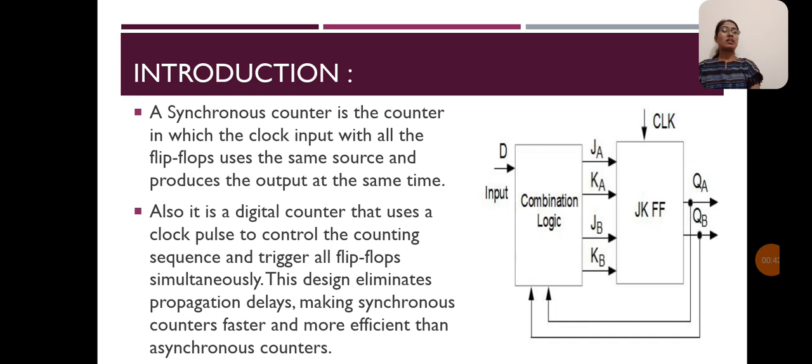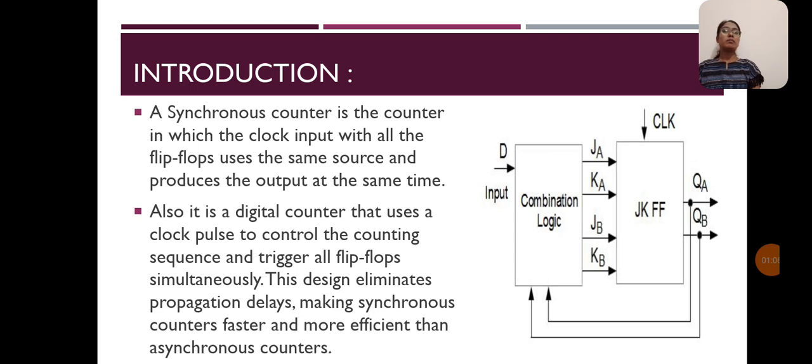That is, what is a synchronous counter? A synchronous counter is a counter in which the clock input of all the flip-flops uses the same source and produces the output at the same time. Also, it is a digital counter that uses a clock pulse to control the counting sequence and trigger all flip-flops simultaneously.